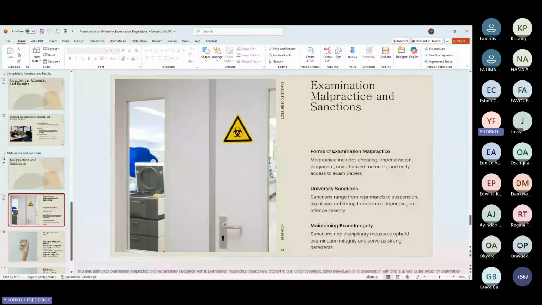So depending on how severe your offense is, the least sanction you can get, when it is determined that you were trying to gain undue advantage in an examination, is for your entire result for that semester to be cancelled.